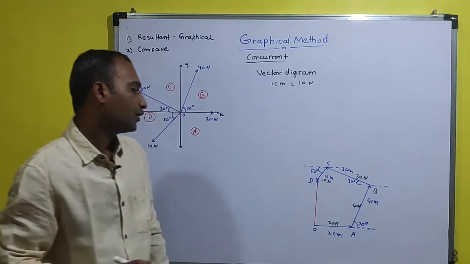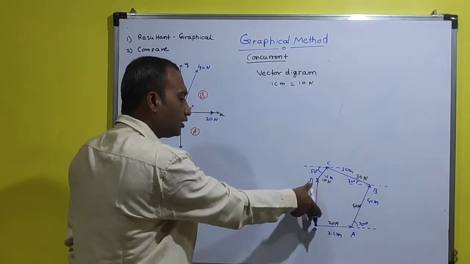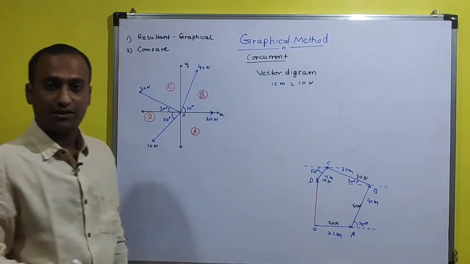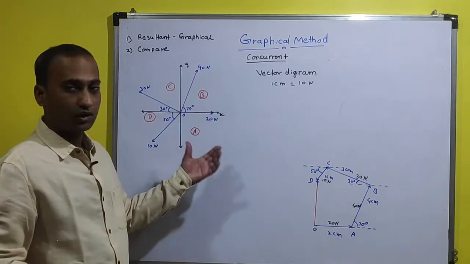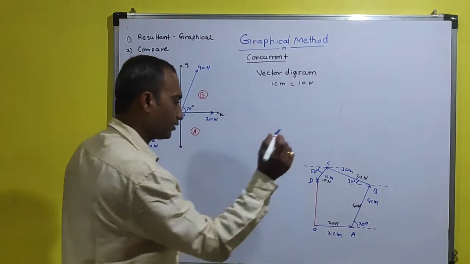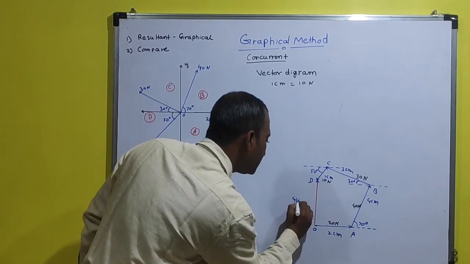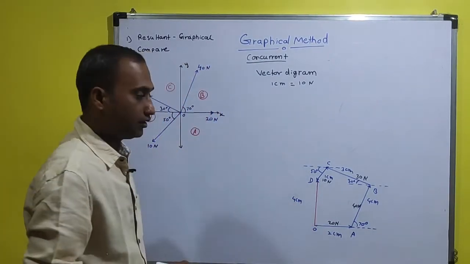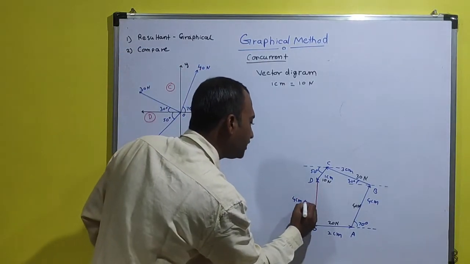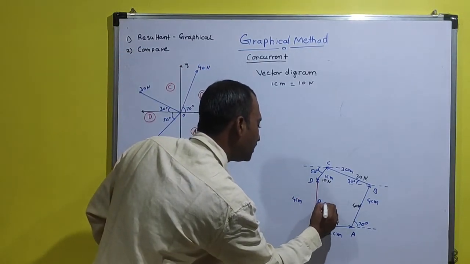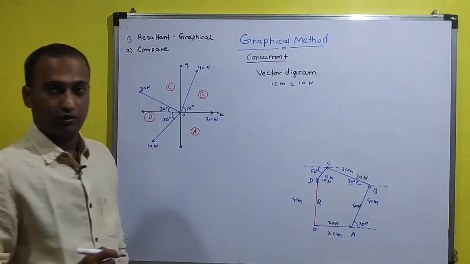So here this closing line will represent the resultant of our concurrent force system. So let's consider this length is 4 centimeter. So this 4 centimeter is nothing but our resultant.